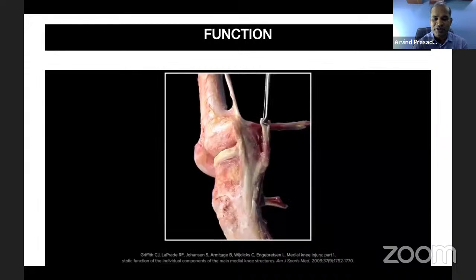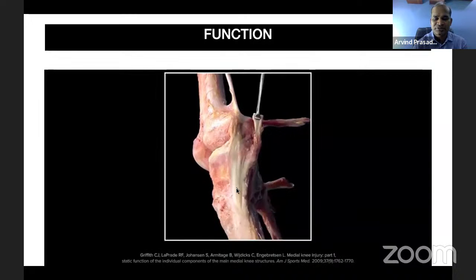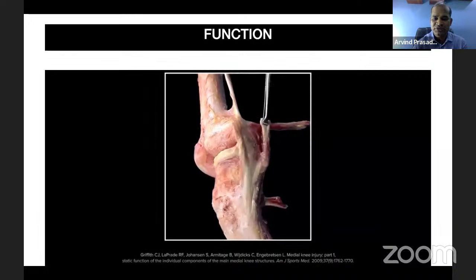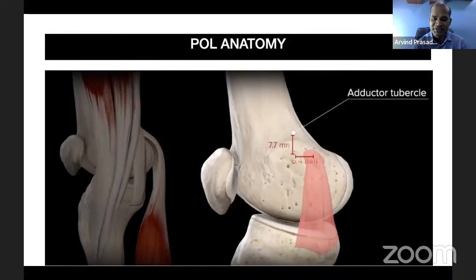In this view, if the knee is rotated externally, this gets tight. This is a little bit loose, and if you see, this gets tight. So this has a role in rotatory stability around the knee, both external as well as internal.